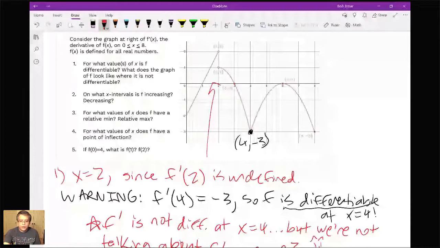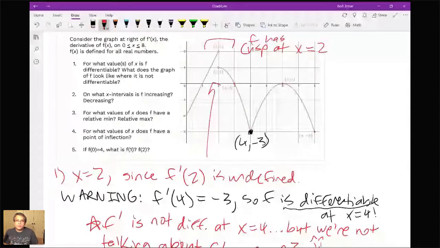This looks to me like f has a cusp at x equals 2. I would not expect that to be an asymptote, even though the function's not defined there. f double prime of 4 does not exist because of the cusp. So f double prime of 4 doesn't exist, but f prime of 4 is -3.